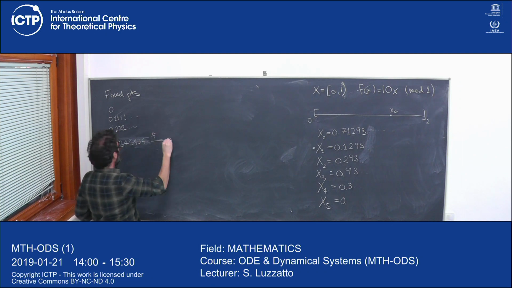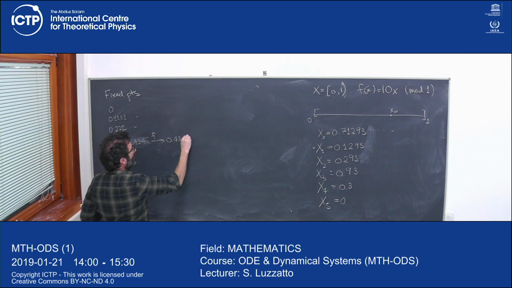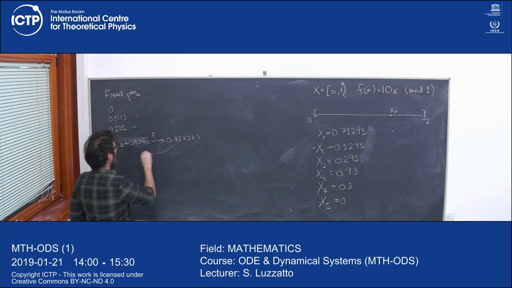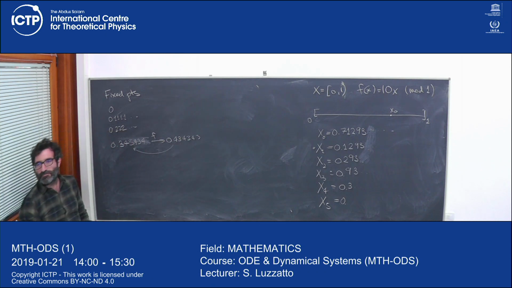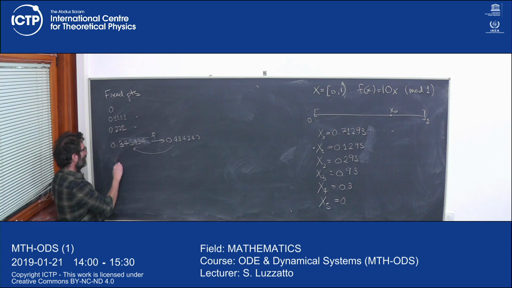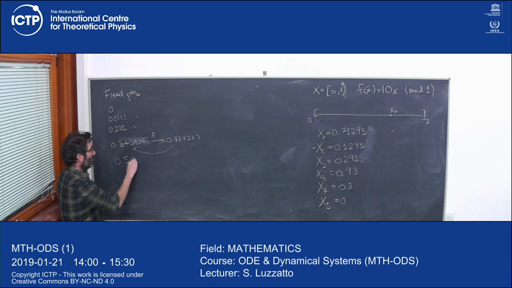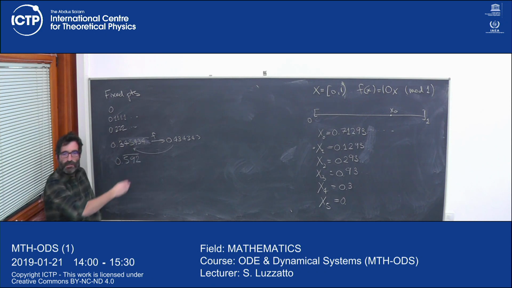You apply f and you get 0.434343, and then you apply f again and you get this. Periodic point of period 3, easy, right? 0.592 repeating, period 3 in the same way.